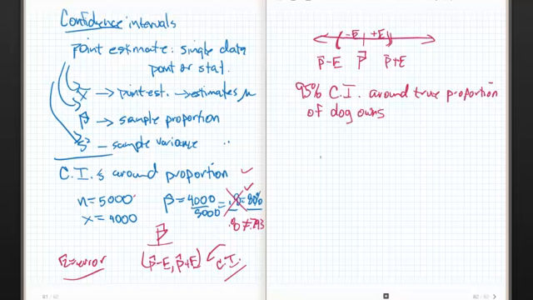And let's say, just for giggles, that our error is plus or minus 3%, which is the same thing as plus or minus 0.03.